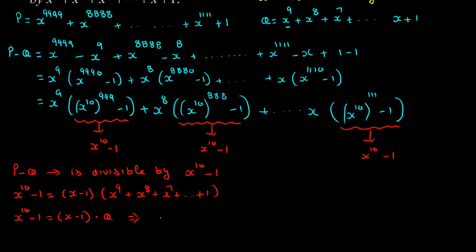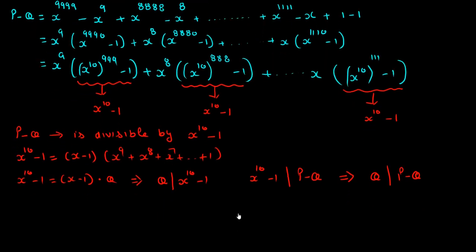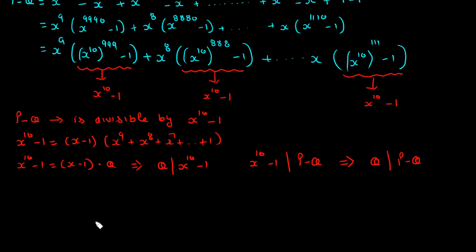So that means q divides x raised to power 10 minus 1 and x raised to power 10 minus 1 divides p minus q. So from these two facts it means q divides p minus q. Now q divides p minus q.